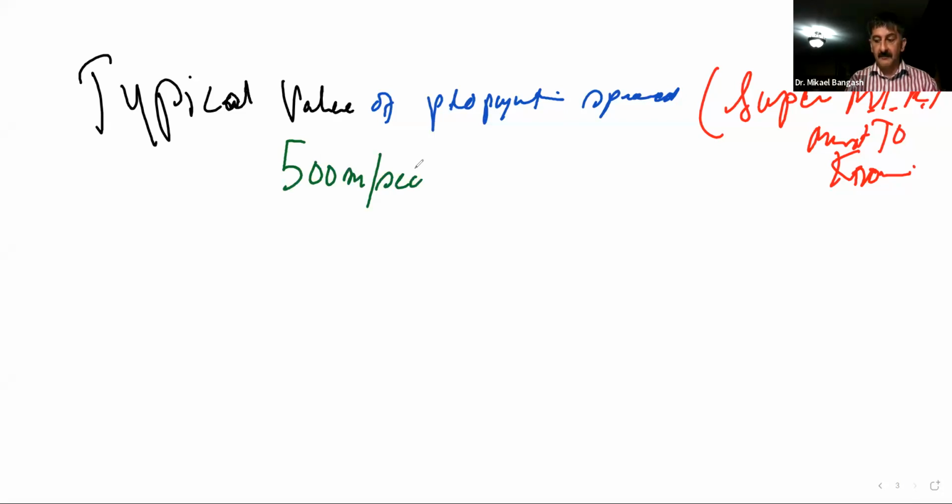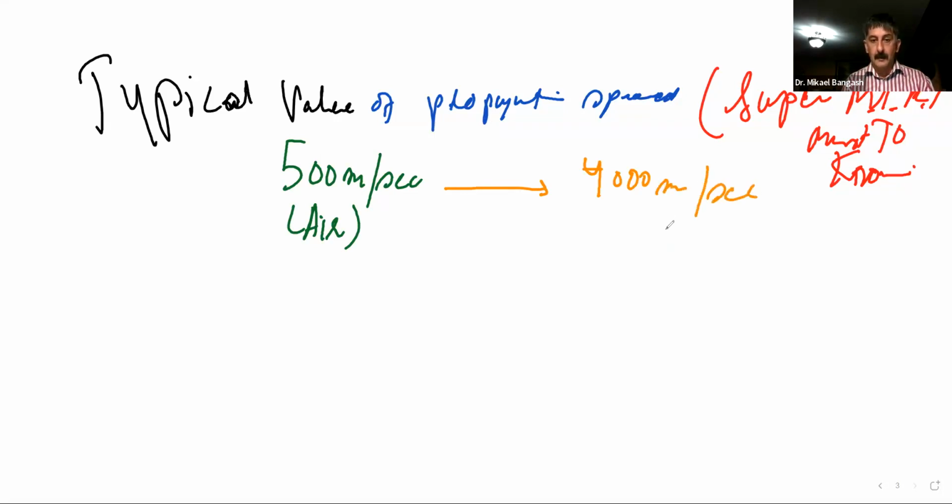500 meters per second, which is mainly going to be from air or gas, all the way up to 4,000 meters per second, which is mainly going to be for bone.